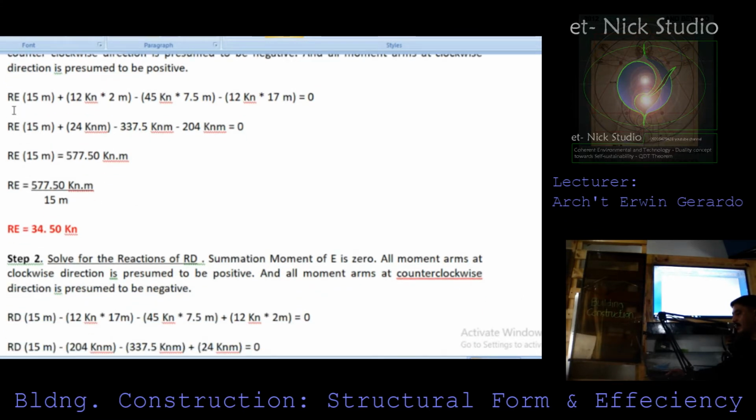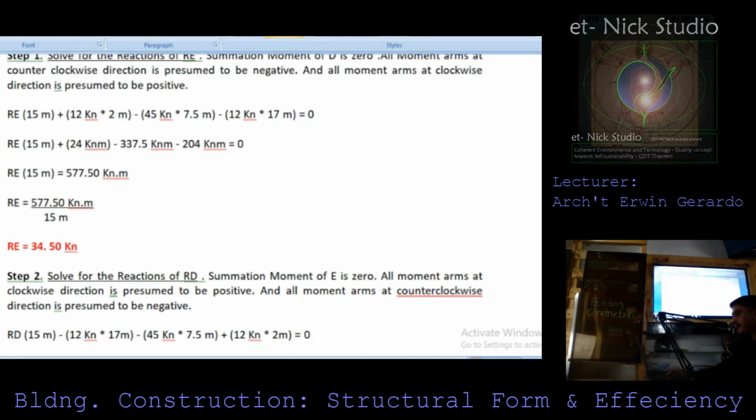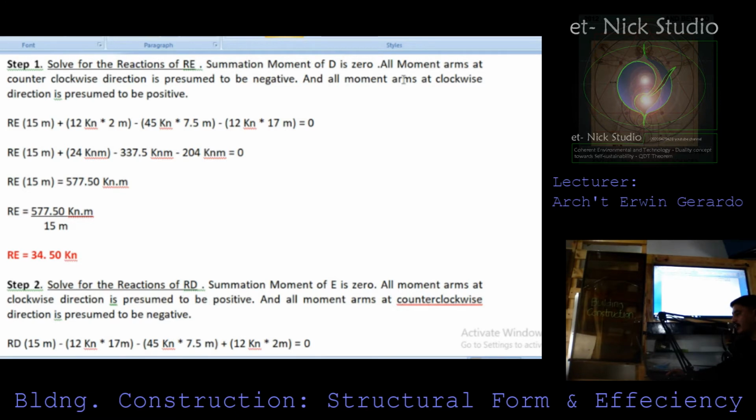So here, the reaction at E acts at 15 meters.